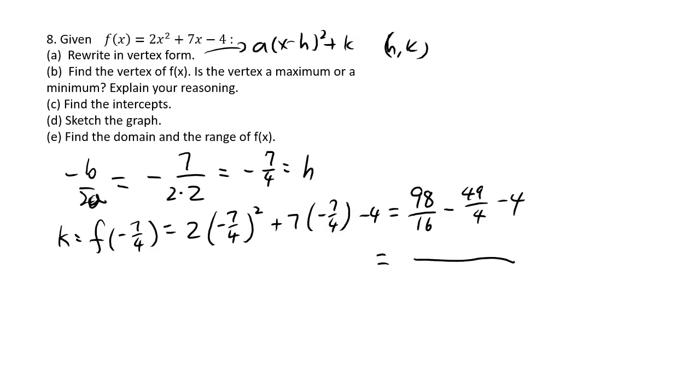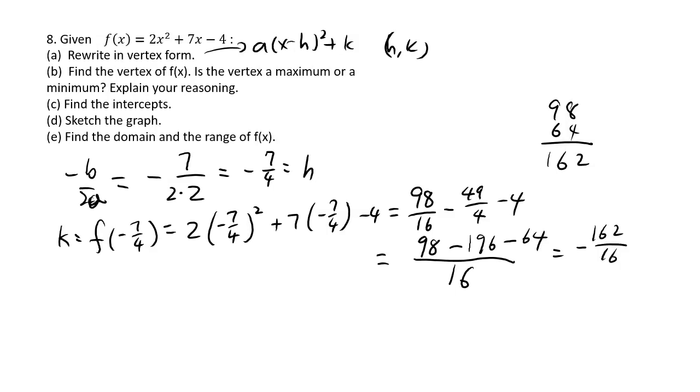And 4 is 64 over 16. So I want to make everything over 16, so 16 will be the common denominator. This is just 98. And if you multiply by 4, this becomes 196. And this becomes 64. Okay, what's that? That's 98. So you end up with 98 plus 64 is 162 with a minus sign. Okay, so that becomes a negative 162 over 16.